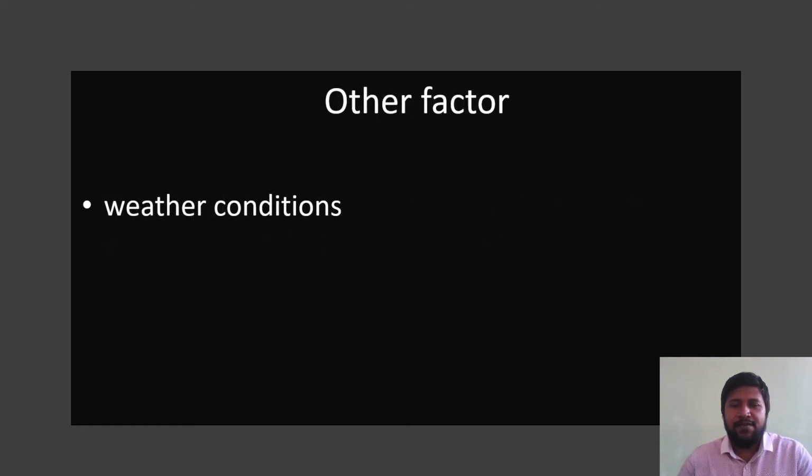Okay, there are other factors that also affect the demand, as mentioned at the very beginning of the explanation of factors. One of the factors is weather conditions. Actually, weather conditions also play an important role in demand. For example, during a sunny season, people tend to demand cold items like ice creams, ice cones, and umbrellas too.